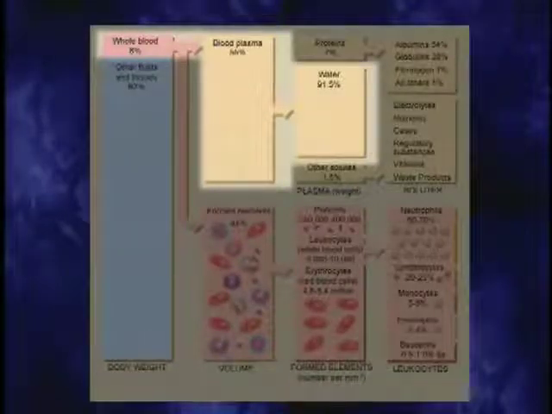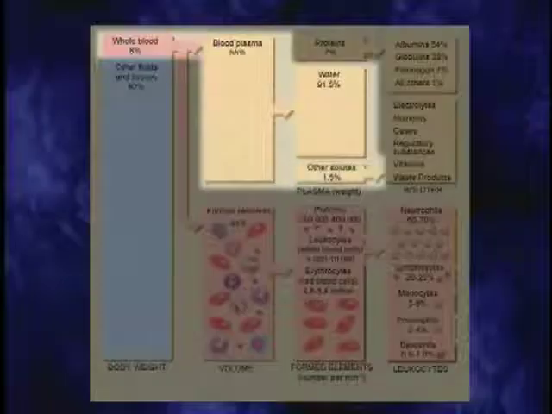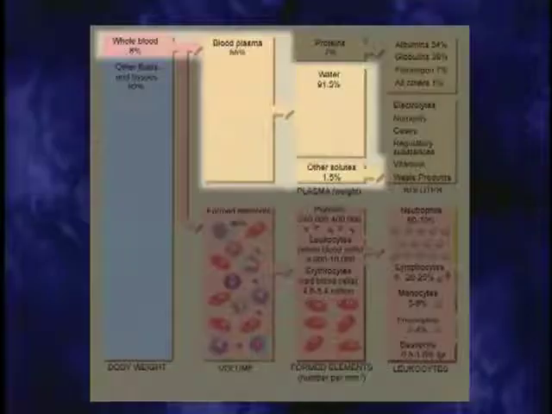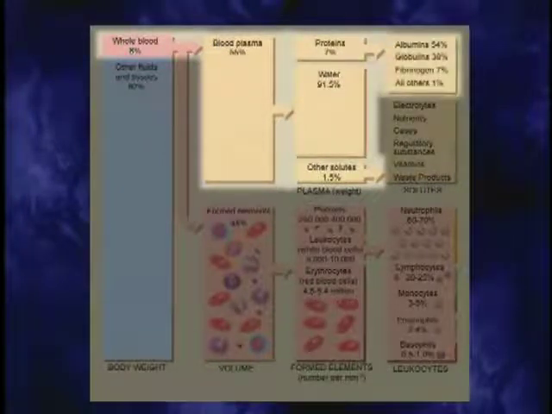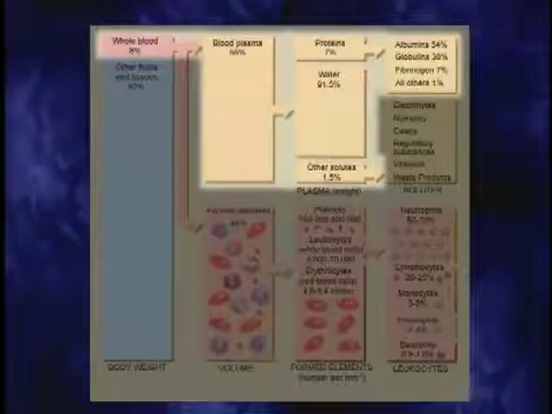95% is water. You have dissolved solutes in waste products, such as ions like sodium, potassium, urea, things we want to get rid of. And then the proteins, which are 7%, and they constitute albumin, which is very important, building block, the globulins, which are very important for the immune system, fibrinogen, which is a clotting factor, and then some others.